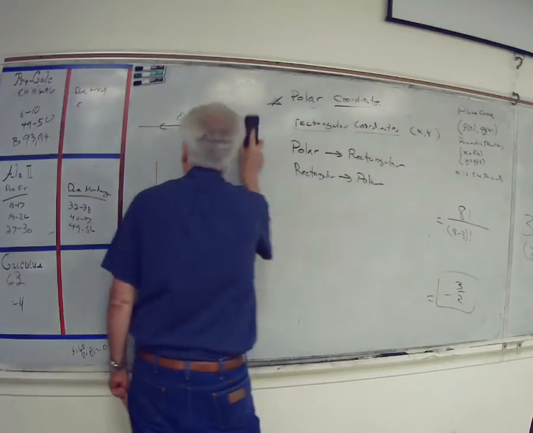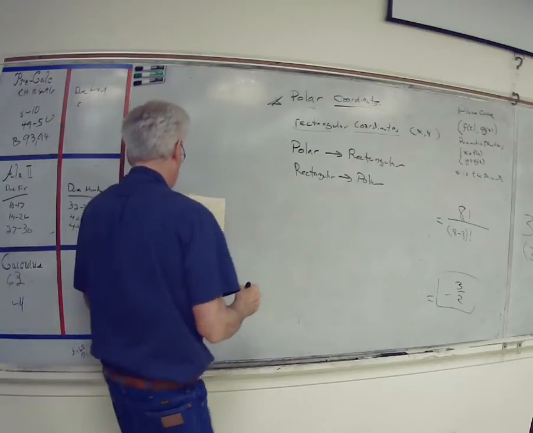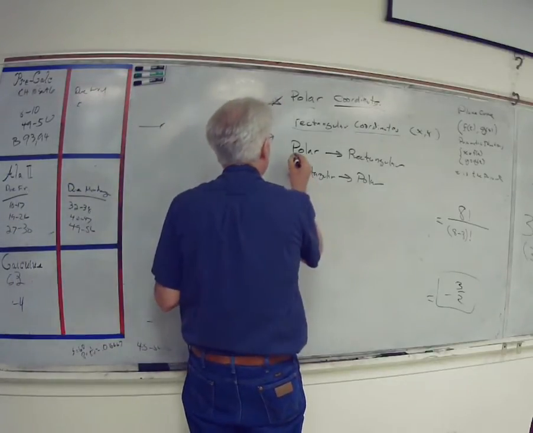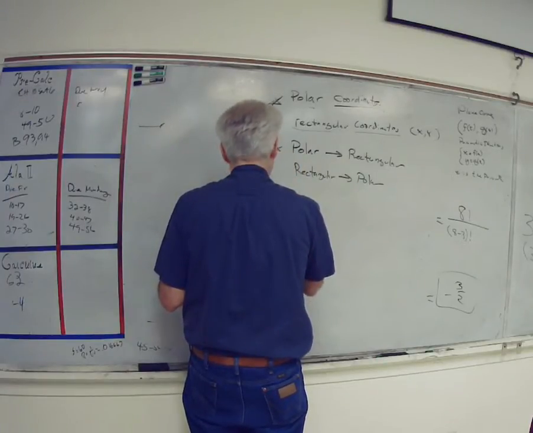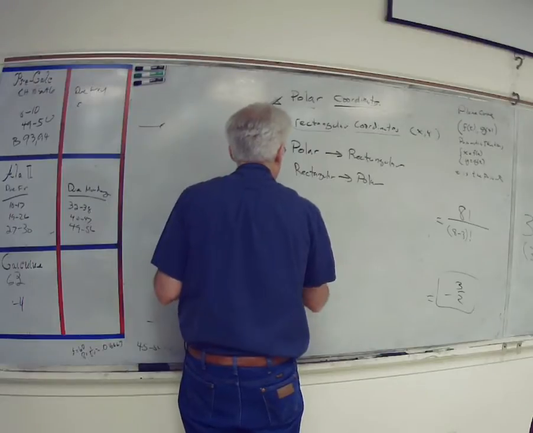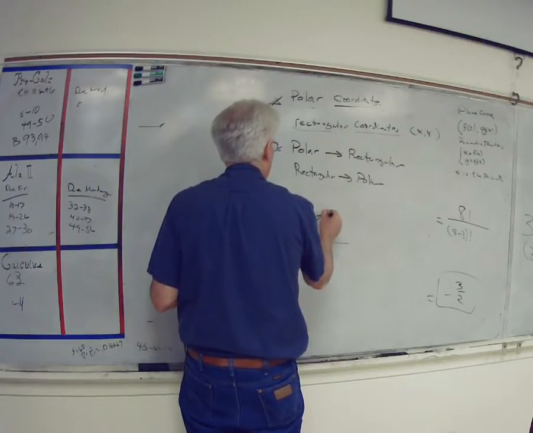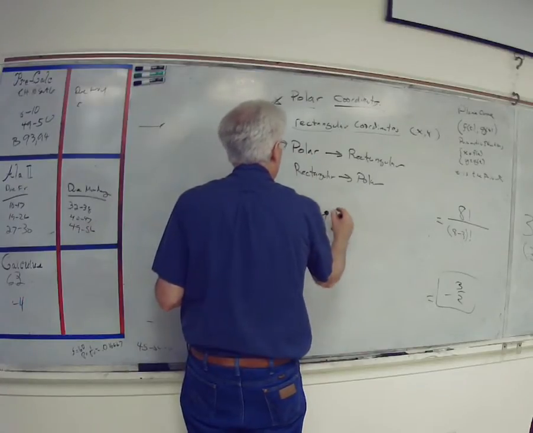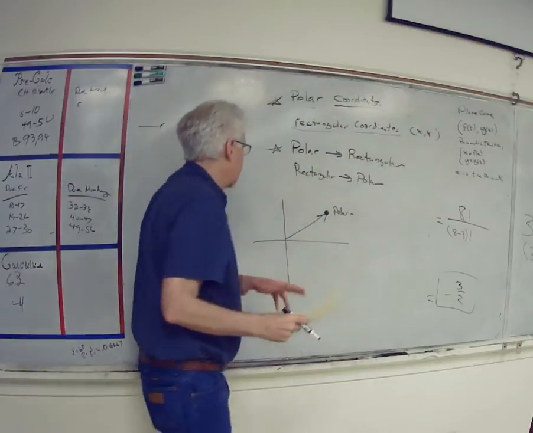Does that make sense? Yes. Okay, so let's look. Let's do polar to rectangular. So if I have polar, tell me in general what the polar coordinates are going to be.